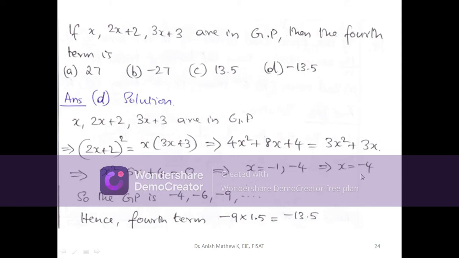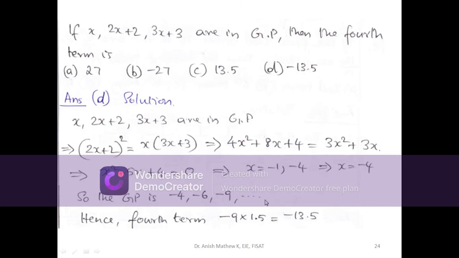So the geometric progression is: the first term will be minus 4. The second term would be 2 into minus 4 plus 2, that is equal to minus 6. The third term would be 3 into minus 4 plus 3, that is equal to minus 9.